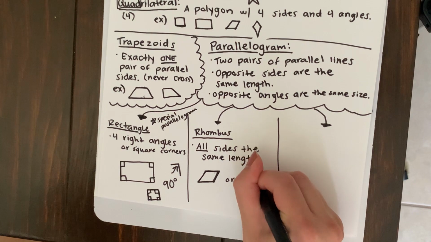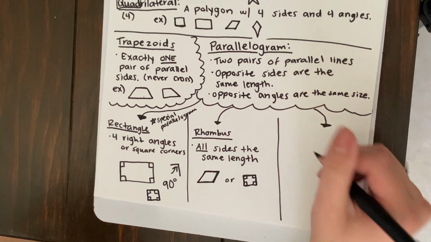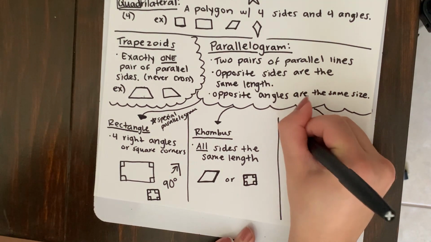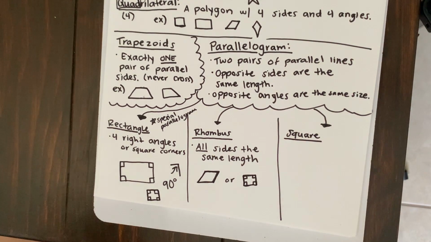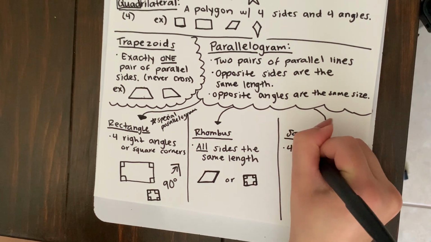So both of these shapes get to be a rhombus, all right? And then the last one, the square, is the hardest one to get into, okay? The square club. Okay, so in order for a shape to go to the square club, it has to have 4 right angles.